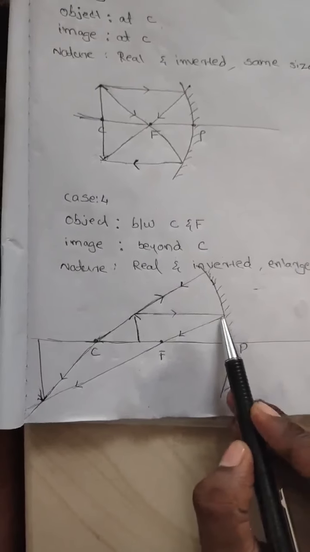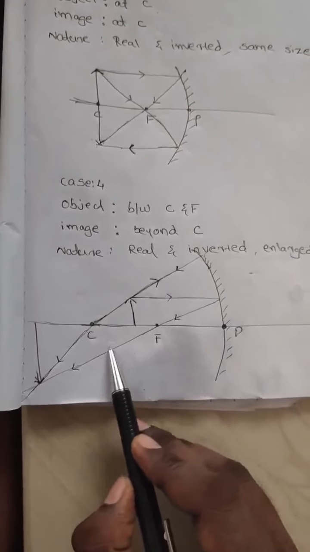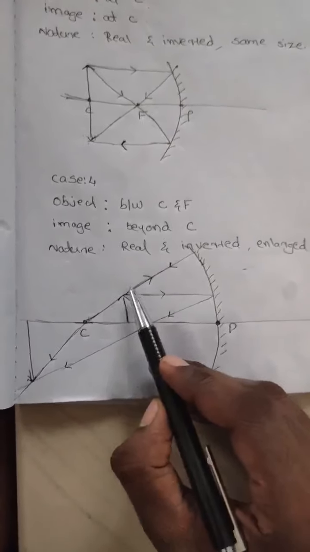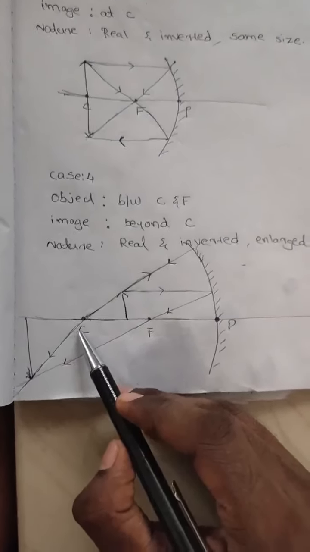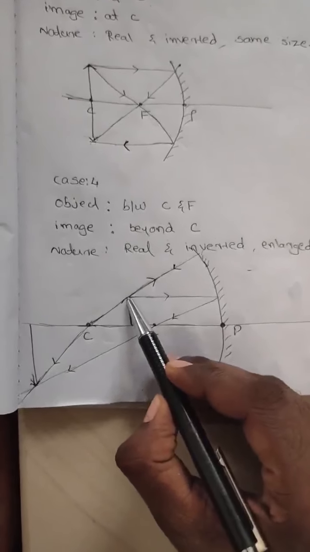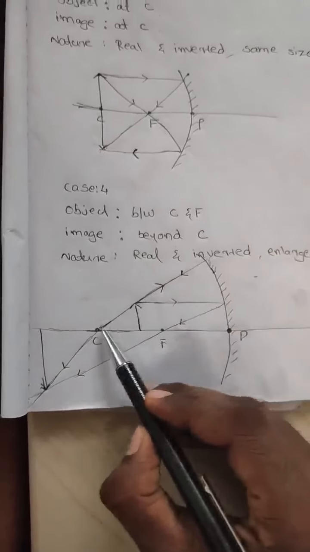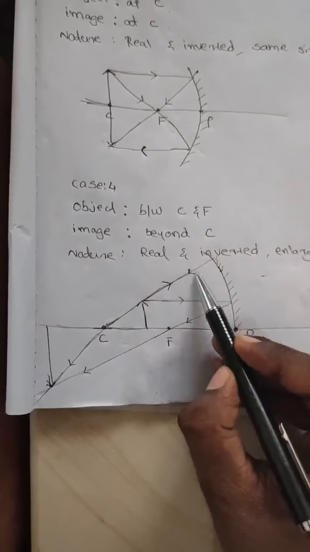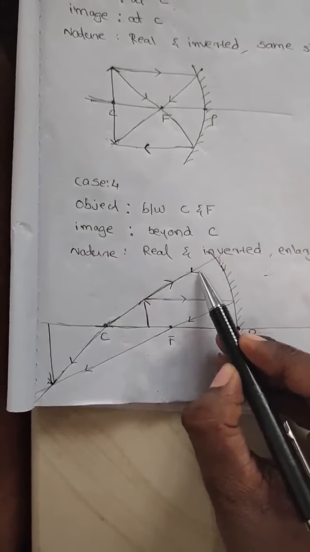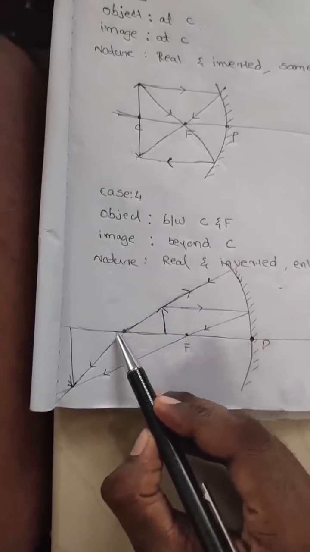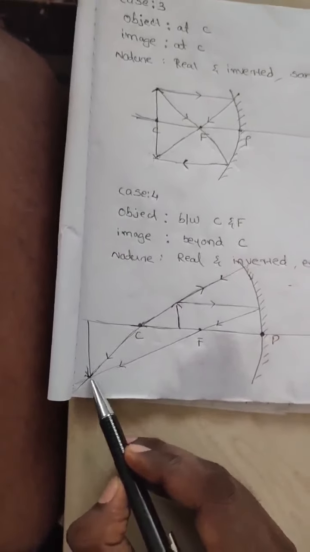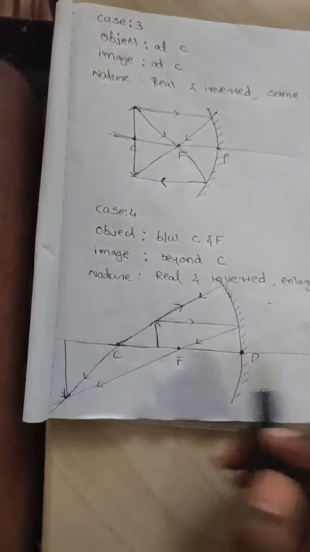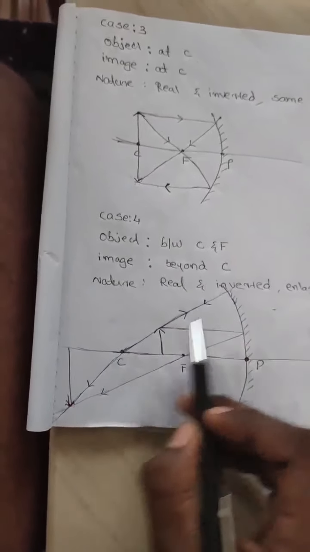After reflection, it moves through the focus like this. To get one more reflected ray, I use a ray emerging in this direction, because we know that a ray moving through the center of curvature will reflect through the same path, and it is reflected in this direction. This reflected ray meets here, and the image is formed here, and the image is enlarged. There is no bending, use a scale.